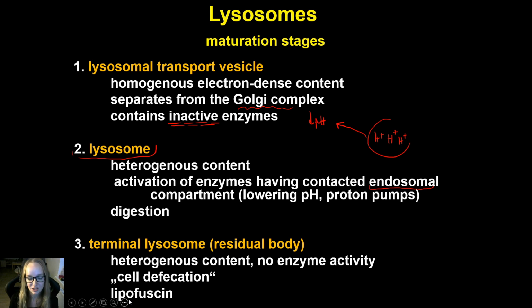So these cells are keeping their poop. Don't tell this on the exam, please. So lipofuscin, once again, is a lipid degradation product. It's a yellow-brown pigment which we can sometimes see in long-living cells, because these terminal lysosomes are located together in this part of the cytoplasm.